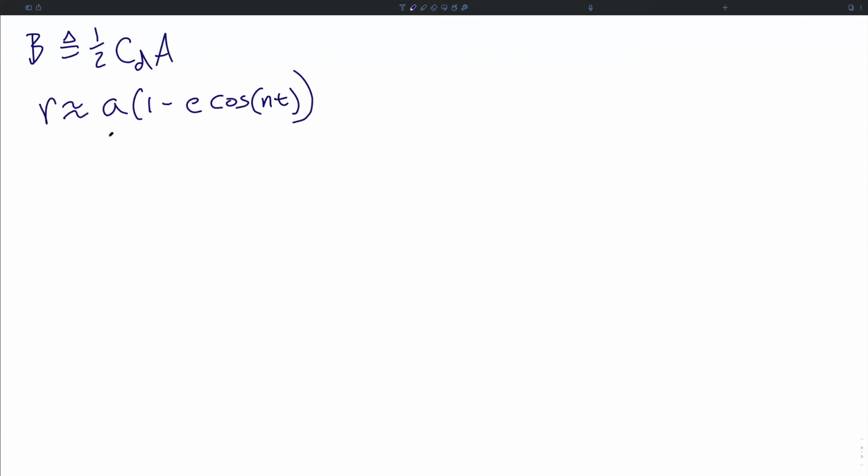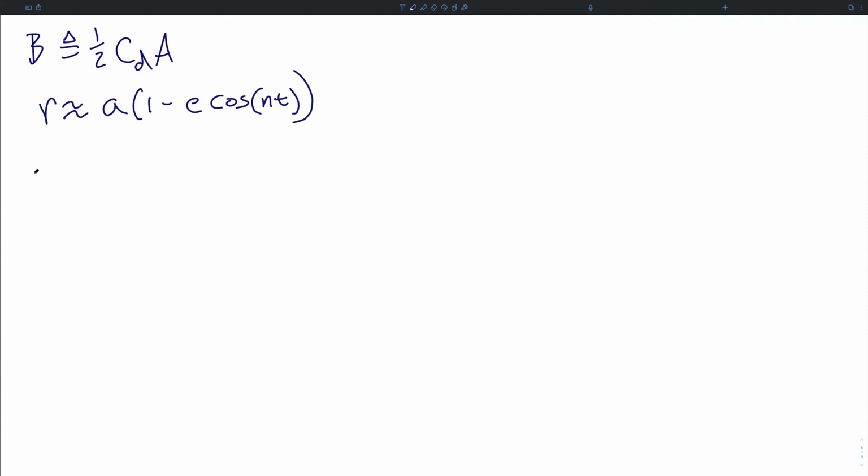To make the equations a bit simpler, we are going to define a parameter B that is 1/2 the drag coefficient times the cross-sectional area. And as we're dealing with a nearly circular orbit, we can approximate the orbital radius as the semi-major axis times 1 minus the eccentricity times the cosine of nt, where n is the mean motion and t is time.